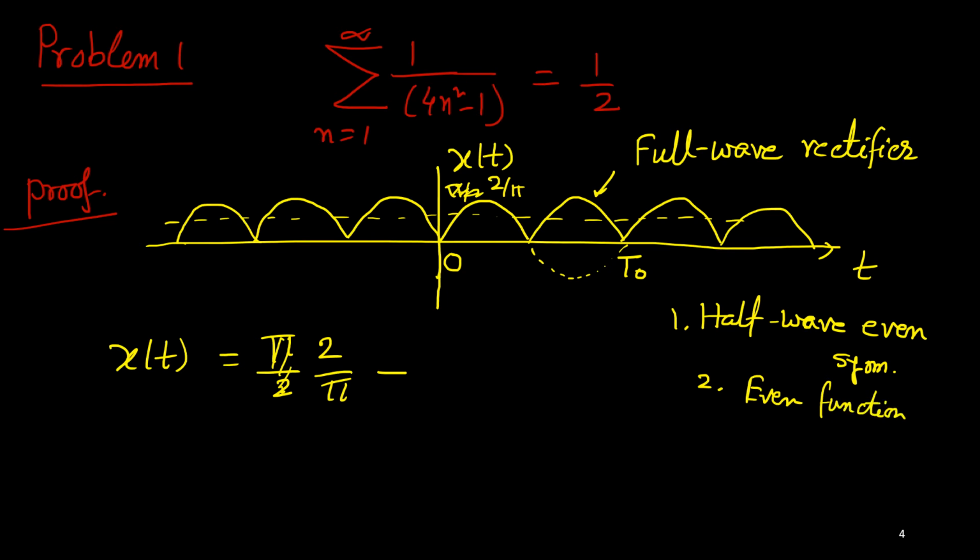So due to this half wave even symmetry, it will have only even harmonics, and due to this even function, it will contain only cosine terms. So it will have only cosine terms and even harmonics, and the expression is 2 upon pi minus 4 upon pi, and the summation of cosine 2n omega naught t upon 4n square minus 1, n equal to 1 to infinity.